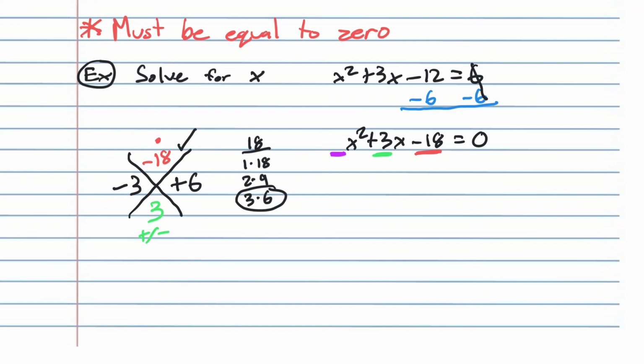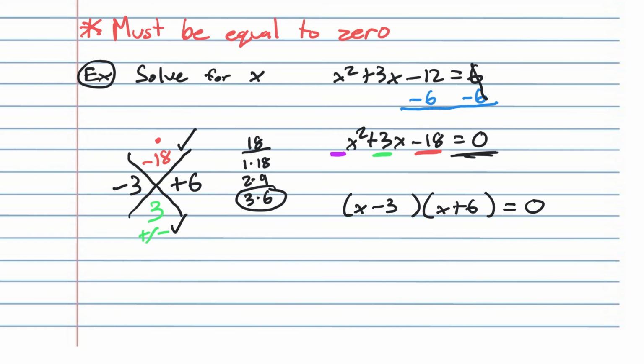Negative 3 plus 6 is positive 3, also works. So we're good. So we set up our answer, two sets of parentheses. It's still equal to 0, so don't forget about that. Our first one, x minus 3. Our second one, x plus 6.